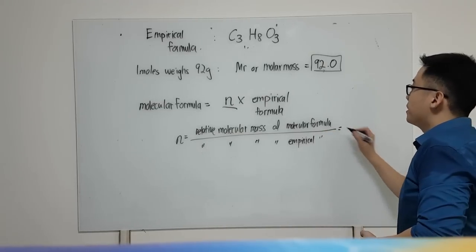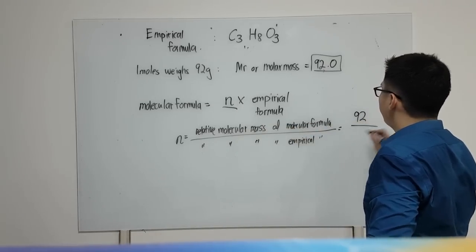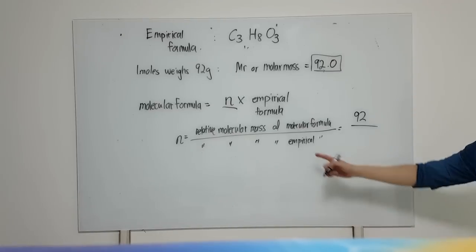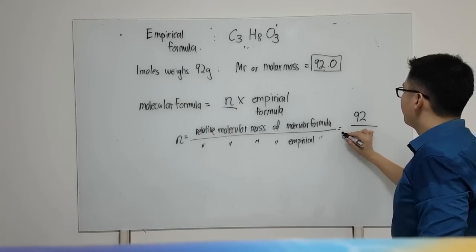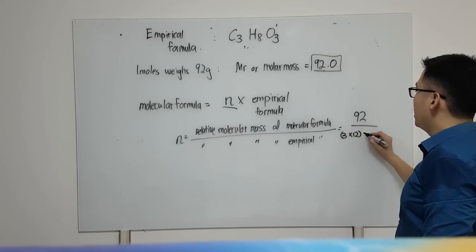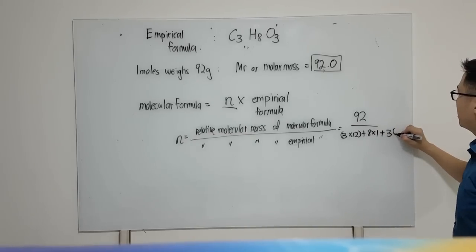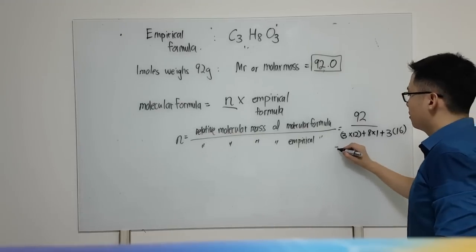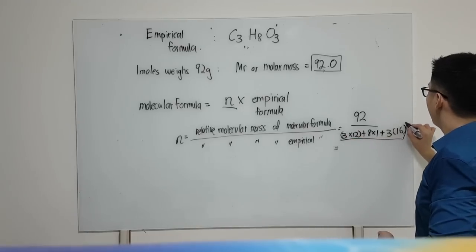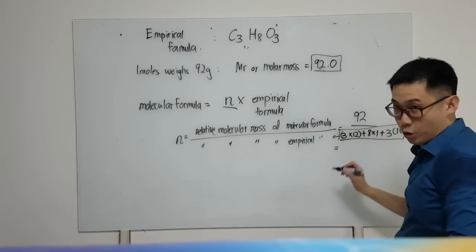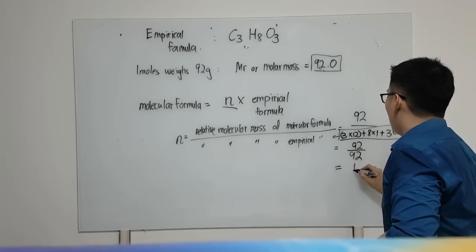So in this case here, the relative molecular mass is actually 92, that is given. Now, the relative molecular mass of my empirical formula is actually 3 times 12, plus 8 times 1, plus 3 times 16. So when you do that, you'll find that this number here turns out to be 92 as well. So this becomes 92 divided by 92 and equals 1.